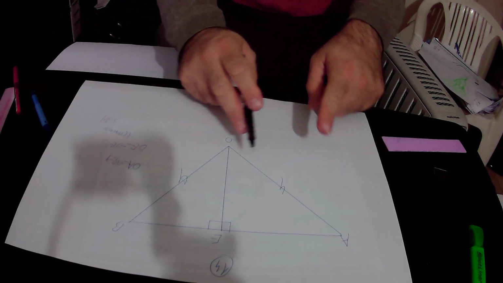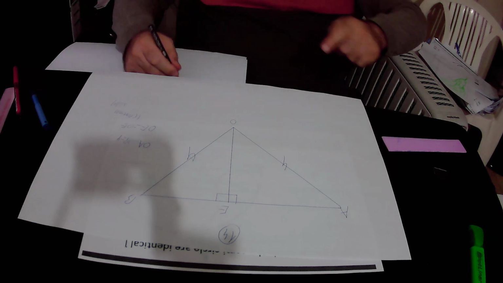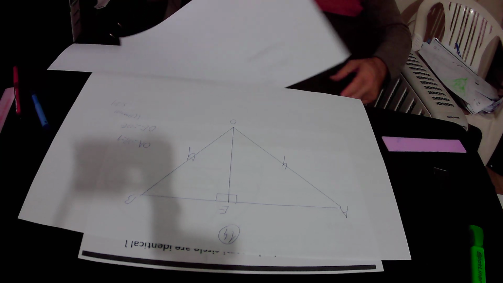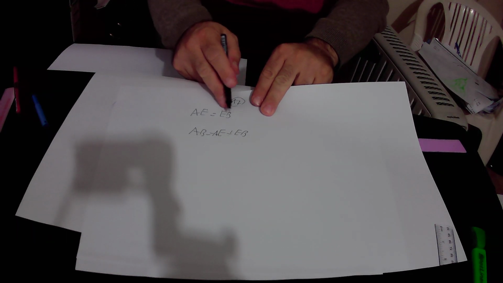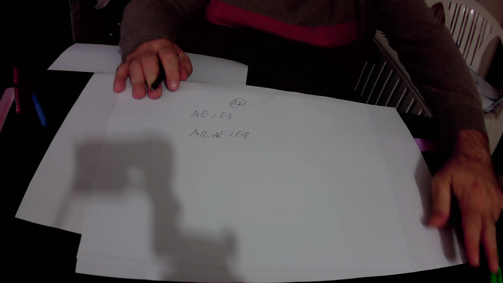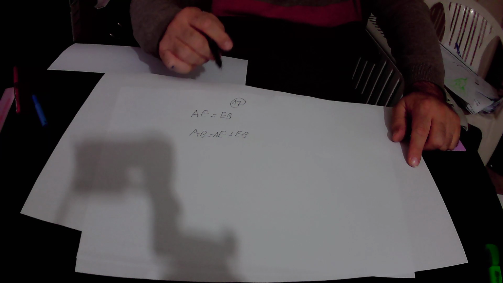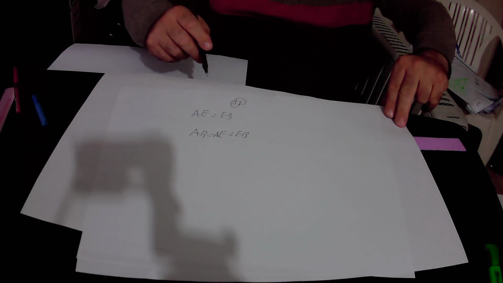So what is the value of AB? According to the drawing, AB equals AE plus EB. But we already found out that AE equals EB, therefore we can substitute AE in this equality by EB.